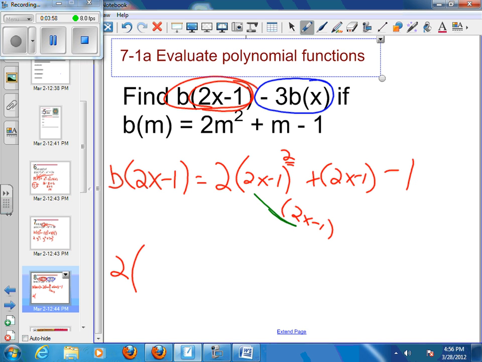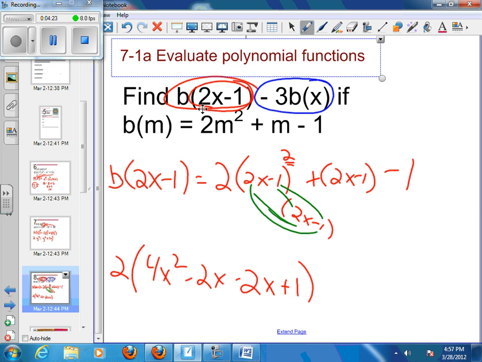So it's 2x times 2x, which is 4x squared. And then it's 2x times minus 1, so that's minus 2x. And then it's minus 1 times 2x, so that's my negative 2x again. And then I've got my minus 1 times minus 1, which is actually a plus 1.